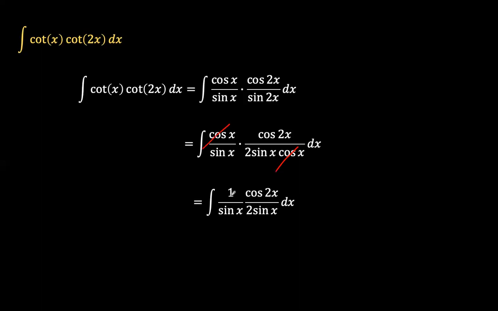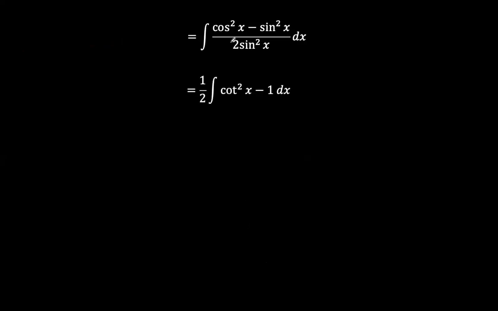So we have in the numerator 1 times cosine 2x, and in the denominator sine x times 2 sine x. Cosine 2x can also be expressed as cosine squared x minus sine squared x, and in the denominator we have 2 sine squared x.